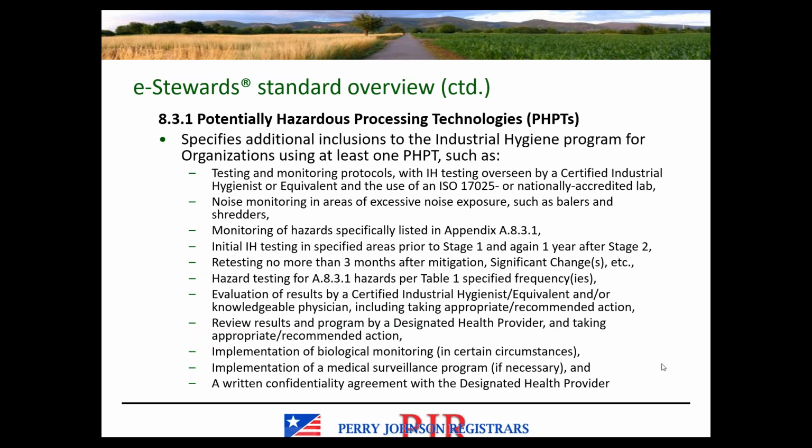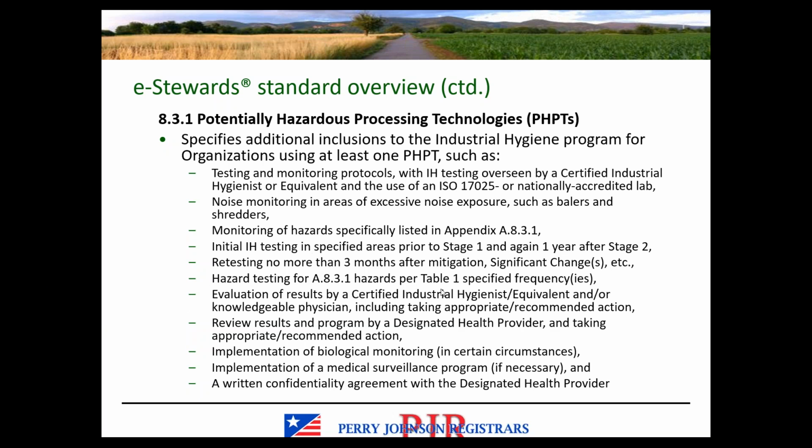It's a pretty long list, as you can see, and there might even be more in the standard. I just tried to give some examples here. Testing and monitoring protocols, noise monitoring. It specifies when industrial hygiene needs to be tested and retested.